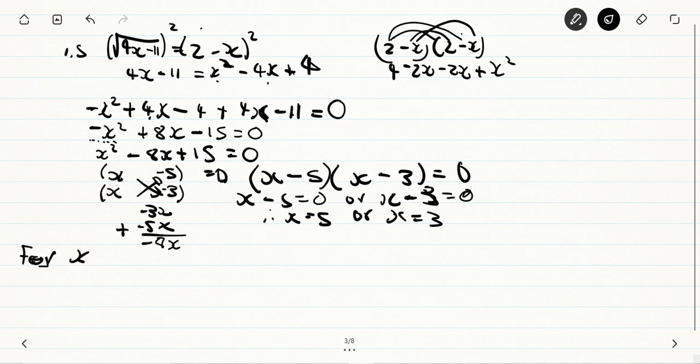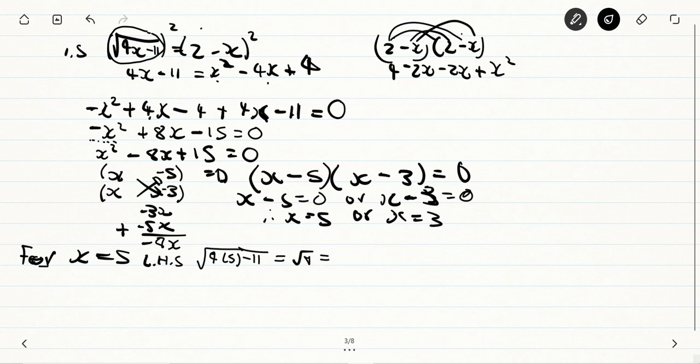So for x is equal to 5, when you substitute x is equal to 5 on the left-hand side, on this expression here, you get the square root of 4 times 5 minus 11. 4 times 5 is 20. 20 minus 11 is equal to 9.